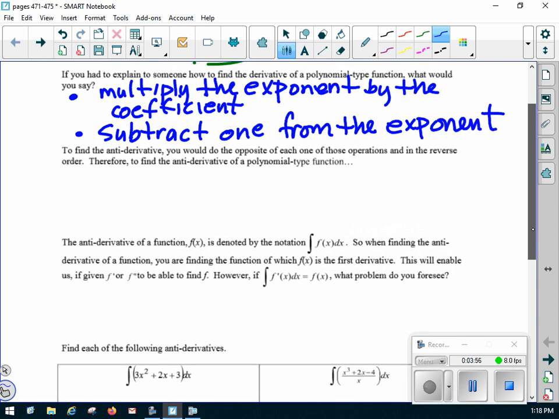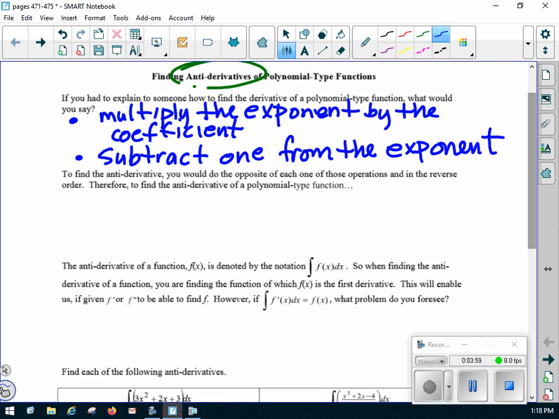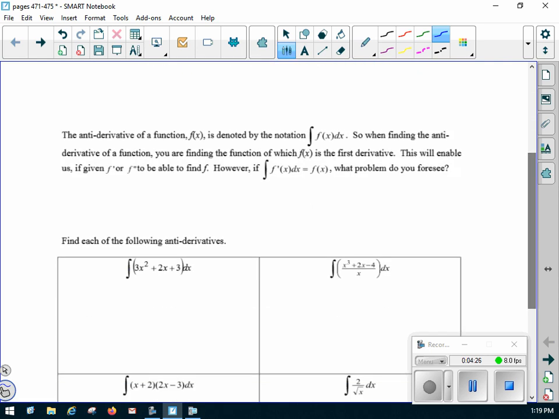Now, I want you to look at the next piece. To find the antiderivative, we're going to undo finding the derivative. If we undo finding the derivative, I don't like "opposite." He says opposite, but he's really not right on that. And in the reverse order. Now, I don't want you to even pay attention to that right now. Don't look at it on your notes. I'm going to give you a function that is the derivative of some other function.